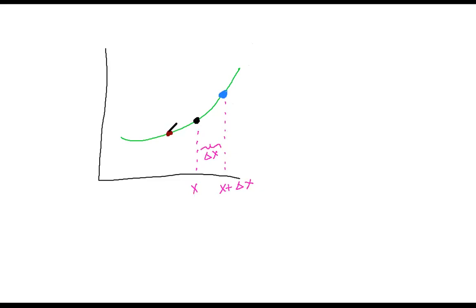And similarly, I can do the same thing here. I want these to be symmetric, so this would also be of width delta x. So this would be x minus delta x. Okay, so I've got three points.